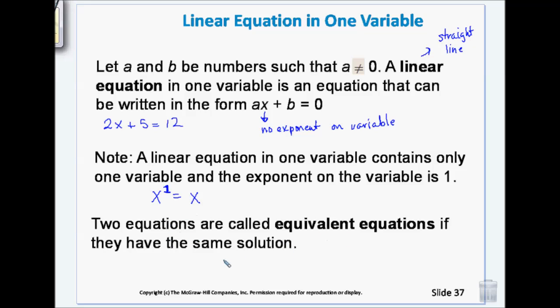Equivalent equations have the same solution. So if I have equation 1 and equation 2, and when I solve them I get the same answer, that means equation 1 and equation 2 are equivalent to each other. If they have the same answer, they're equivalent, even if they look completely different.